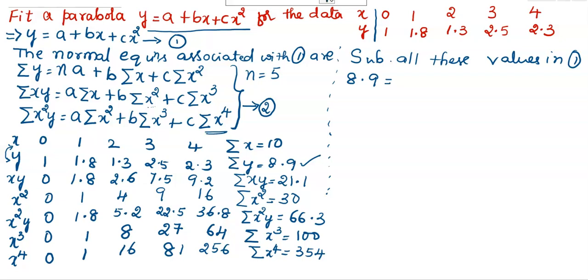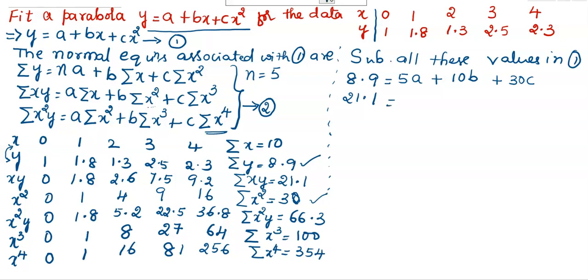That's equal to, what is n? 5. So 5 into a plus summation x is what? 10. So 10 into b. Summation x square is what? 30, right? Plus 30 into c. Substitute in the next, summation xy. What's the summation xy? It is 21.1. So 21.1.